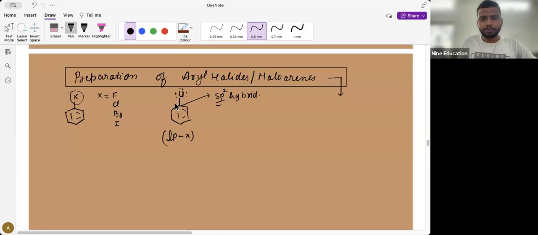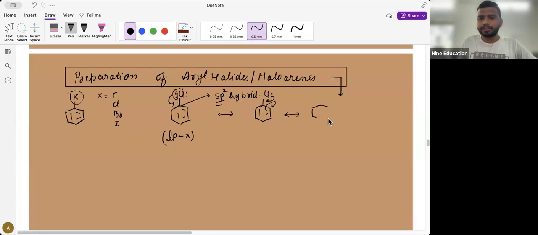So this lone pair of chlorine can go in the conjugation, in the resonance of this benzene. We have made this resonance in our previous classes. Let's say this lone pair will attack here, and this double bond will come on the carbon atom.